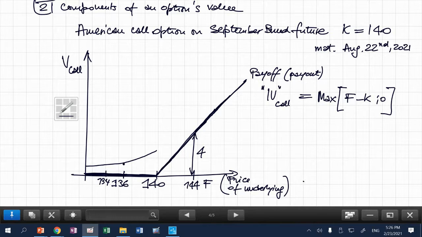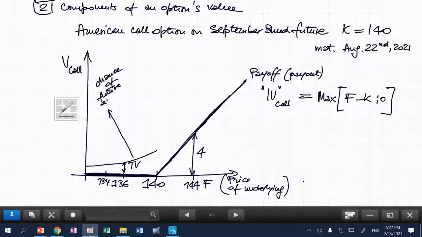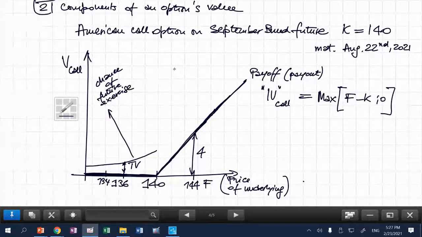There are two things which are super clear. First, it must be a monotonic function, so that as I get closer to 140, the value must be larger, okay? Because there is a component which is what we call time value, not intrinsic, but time value, which is conceptually linked to the chance of future exercise that the option still has.